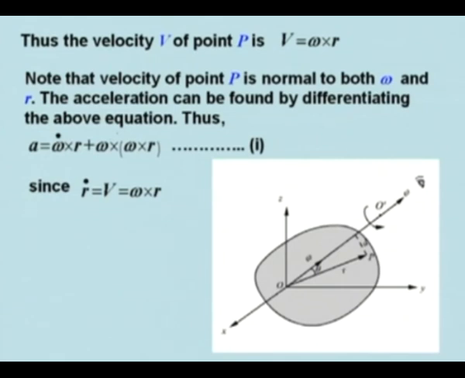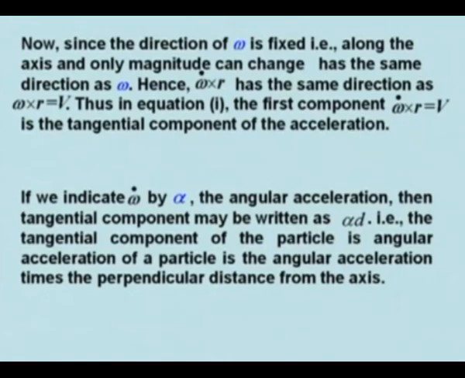Therefore omega dot cross r has the same direction as omega cross r, which is equal to V. Thus the first component, omega dot cross r, which can be written as alpha cross r, is the tangential component of the acceleration.